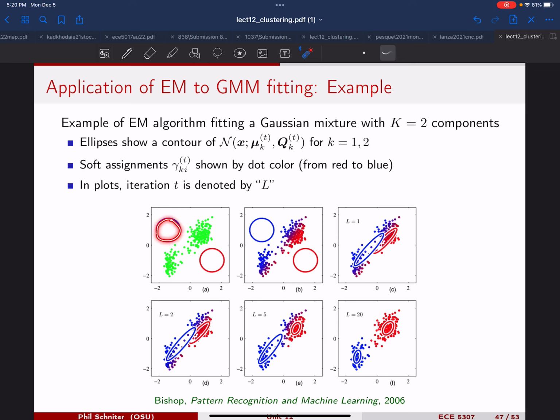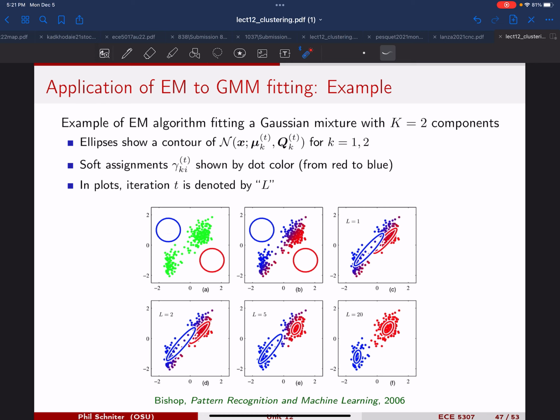These circles and ellipses show a contour of the fit of the Gaussian. In this case, we're going to have k equals 2 components, so this little k will range from 1 to 2. For each little k, we're going to have a mean and a covariance. We're going to initialize the covariances to be identity, which means we get circular contours. You can see one of the means is over here and the other mean is over here.